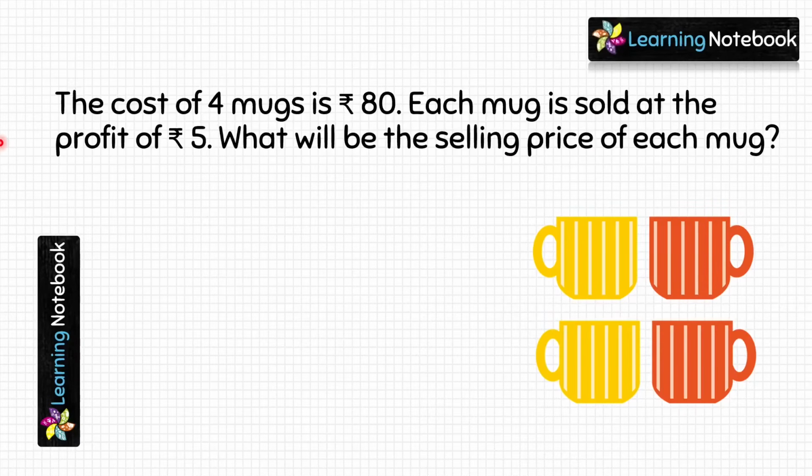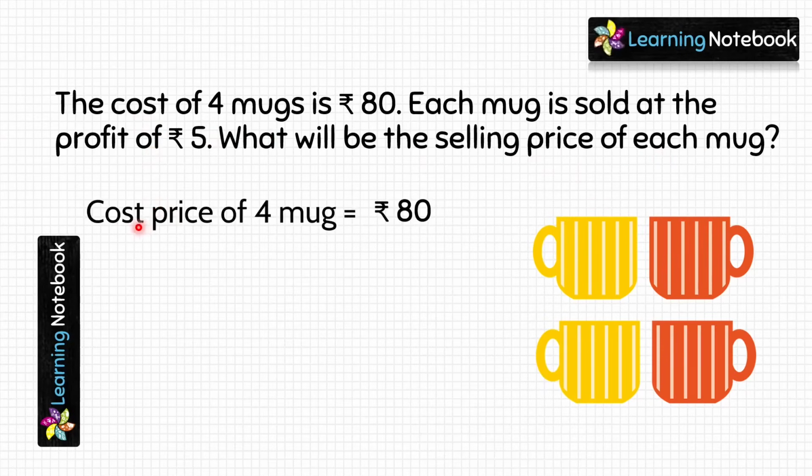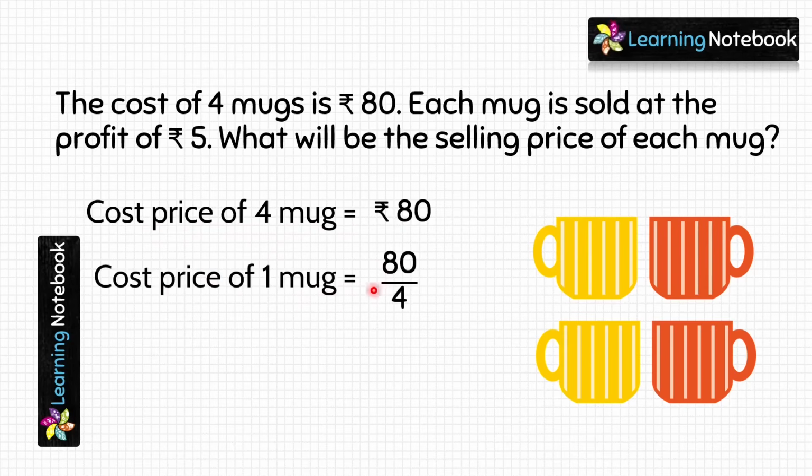Since we have to find the selling price of 1 mug, so let's first calculate the cost price of 1 mug. It is given cost price of 4 mugs equals to rupees 80. So cost price of 1 mug would be 80 divided by 4, which is equals to 20. So we have calculated the cost price of 1 mug as rupees 20.